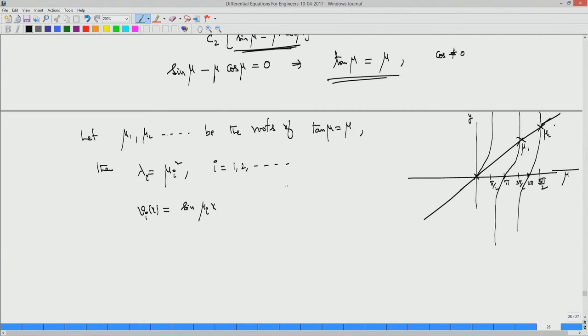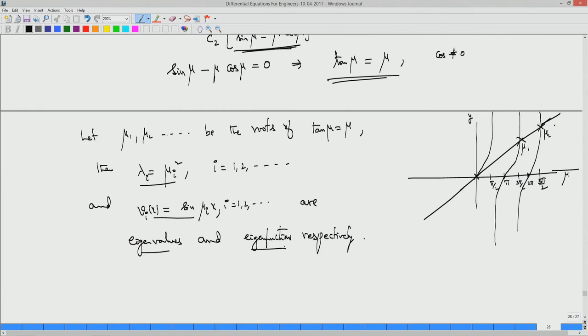So these are eigenvalues and eigenfunctions respectively. This corresponds to eigenvalues, and this corresponds to eigenfunctions.